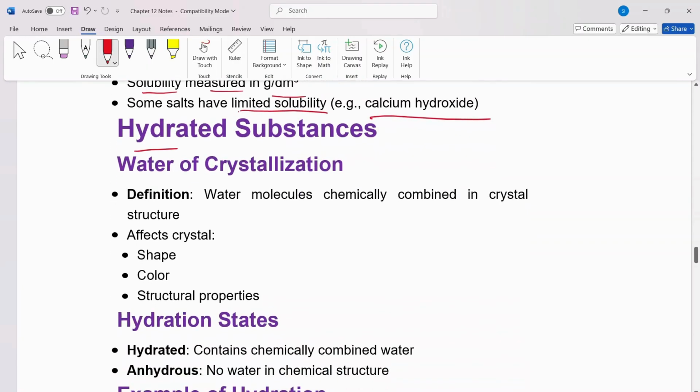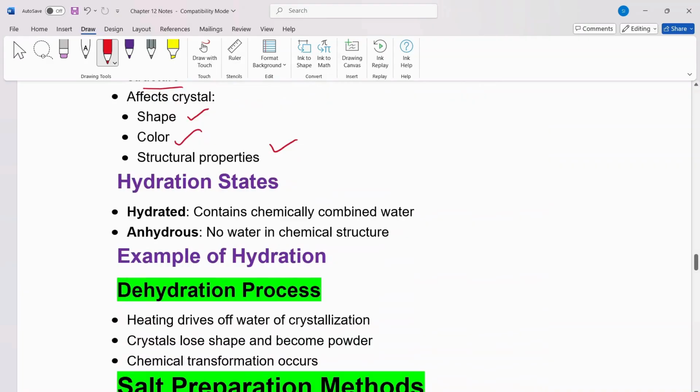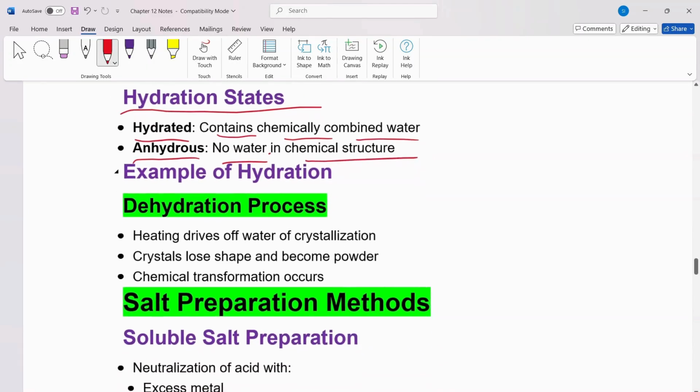Now let's talk about hydrated substances. Water of crystallization is water molecules chemically combined in the crystal structure. It affects crystal shape, color and structural properties. Hydration states: hydrated means it contains chemically combined water. Anhydrous means no water in the chemical structure.